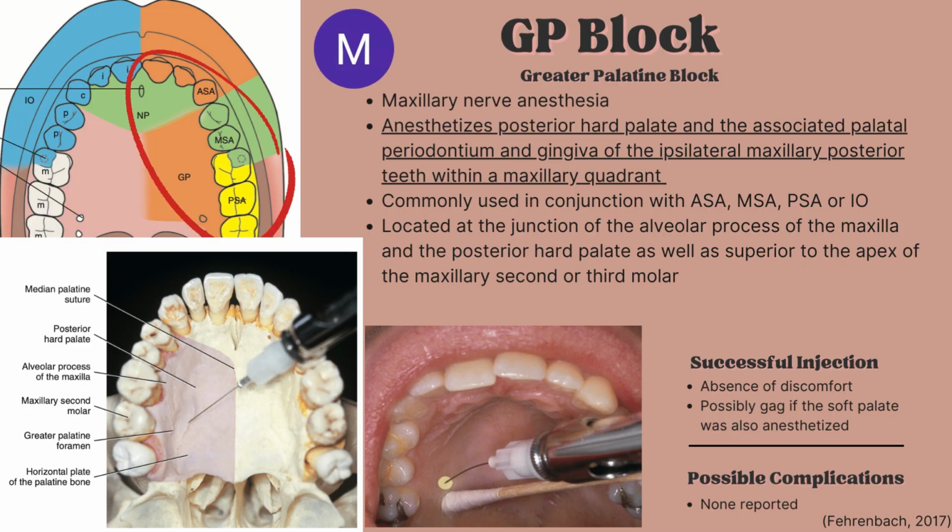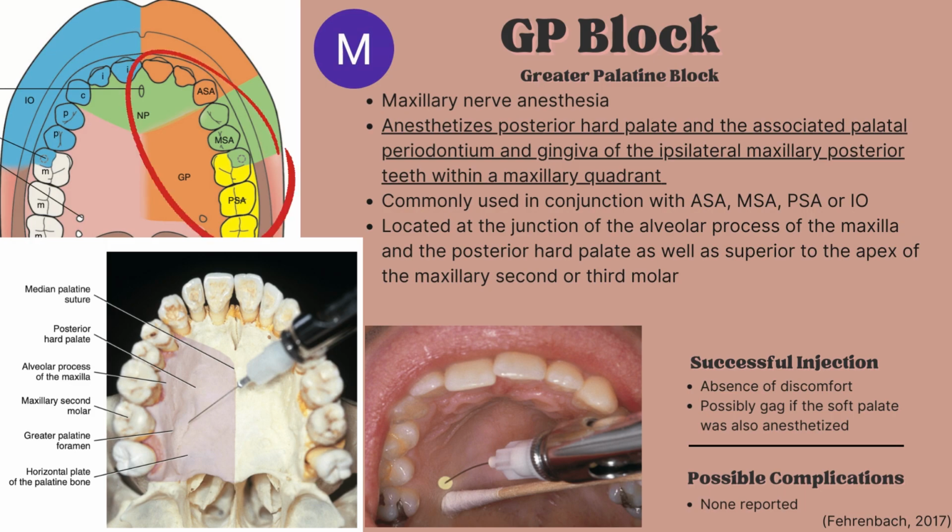Now we're moving forward to the GP block, or the greater palatine block. This anesthetizes the greater palatine nerve and thus anesthetizes the posterior hard palate and the associated palatal periodontium and gingiva of the ipsilateral maxillary posterior teeth within a maxillary posterior sextant. Because the GP block doesn't provide anesthesia of the pulp or associated facial periodontium and gingiva of the teeth, administration of ASA, MSA, and PSA blocks, or the IO block, may also be indicated.